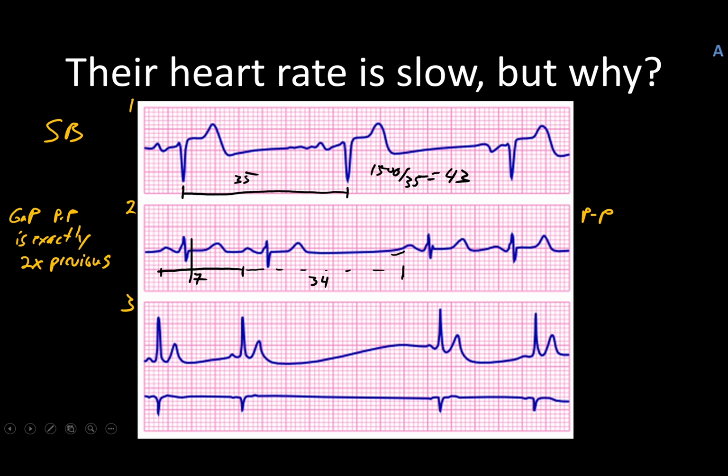Now, if you compare this to our next one, where if we measure the P to P on strip number 3, we will start right here at the very beginning and come to about here, and that's 5, 10, 15, 16, 17, 18 small squares.